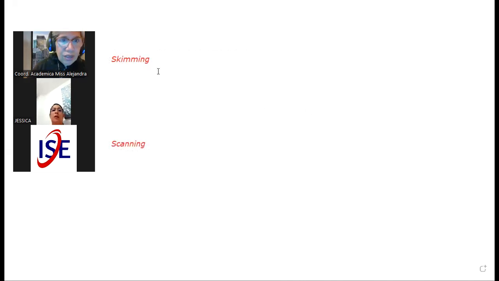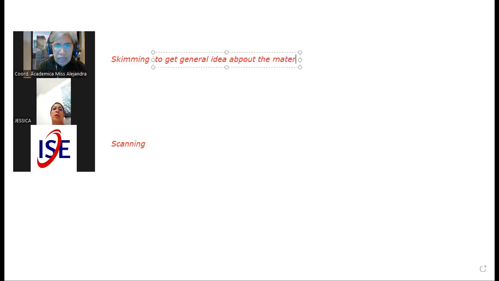What's the difference? When you do skimming, the idea is to get the general idea about the material. When you do skimming, you have a text and you read it fast and try to identify the keywords.